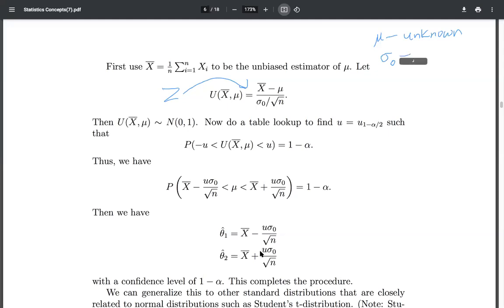Suppose this is known, and the samples are x1, x2, ..., xn, and assuming my n is big enough, greater than or equal to 50. Then we can compute this value.